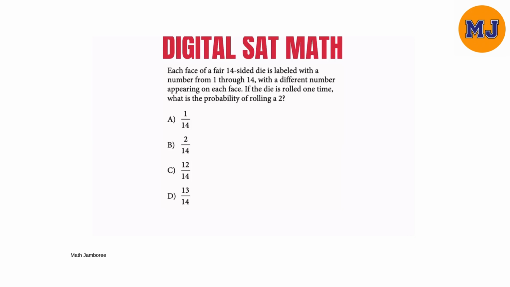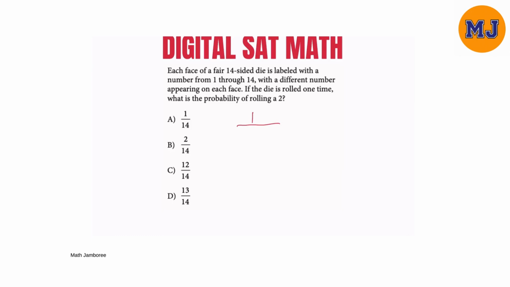Each face of a fair 14-sided die is labeled with a number from 1 through 14, with a different number appearing on each face. If the die is rolled one time, what is the probability of rolling a 2? So on this die we have the number 2 only once. And what was the total of all possible outcomes?